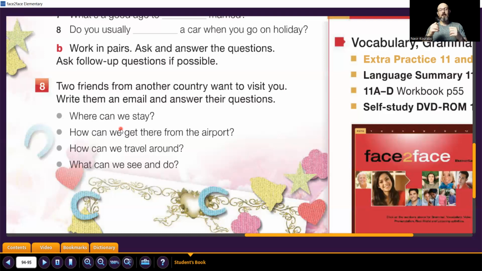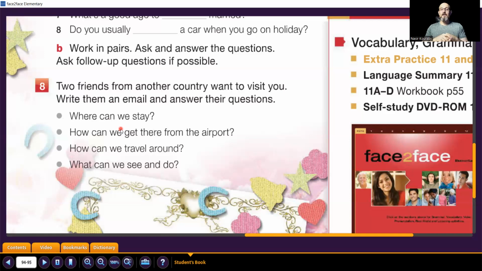Or, for example, should I go and rent a hotel or book a hotel? So now, the first question, where can we stay? You can tell them, if your home is big, of course, you can stay with us, or yeah, we can book a hotel room near to us.